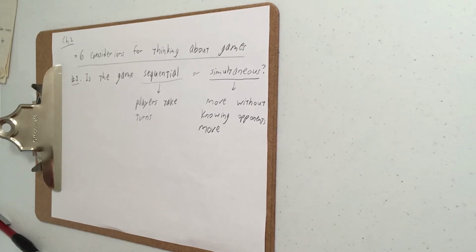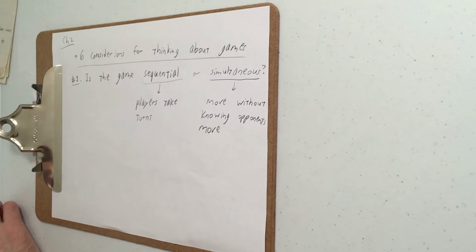Maybe I move first, picking rock, paper, or scissors. Maybe I write my move down somewhere on a piece of paper and stick that in a sealed envelope. You then make your turn, picking rock, paper, or scissors without knowing what I wrote down in that envelope. It's equivalent. Either way, you're moving without knowing what I just did.